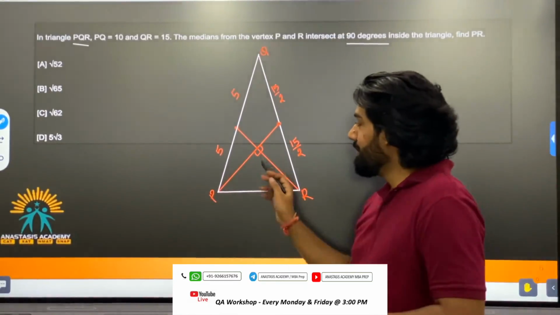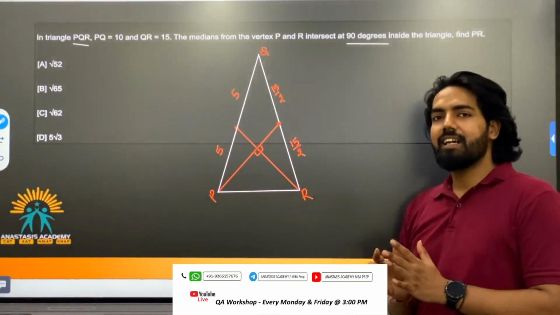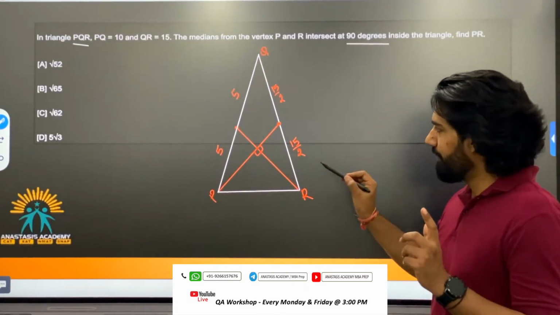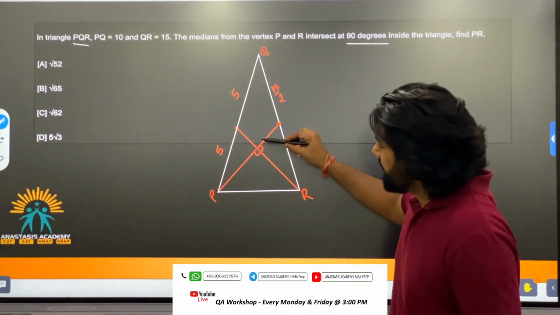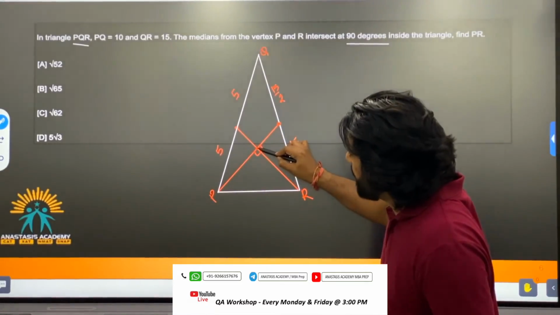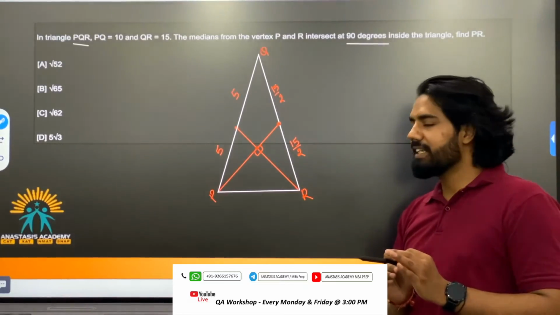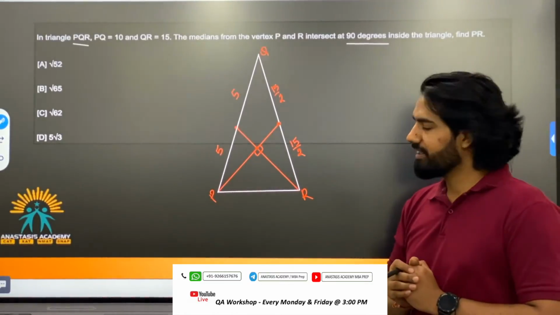Now these two medians are intersecting. Whenever two medians from different vertices intersect, this point is known as the centroid, and a useful property is that the centroid divides each median in the ratio 2:1, right?